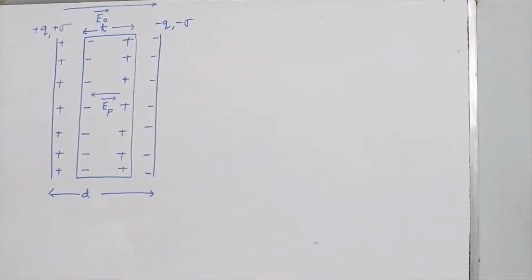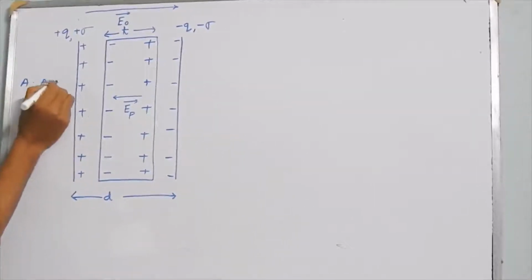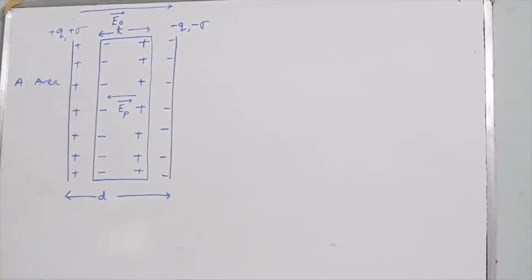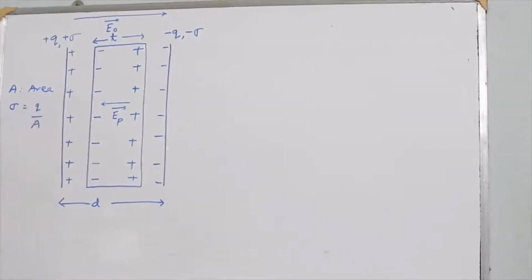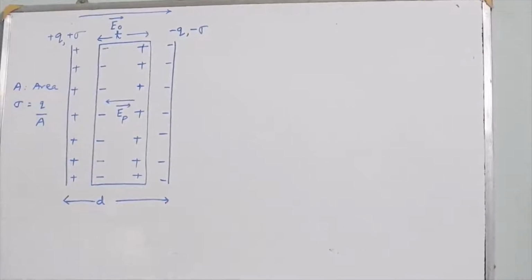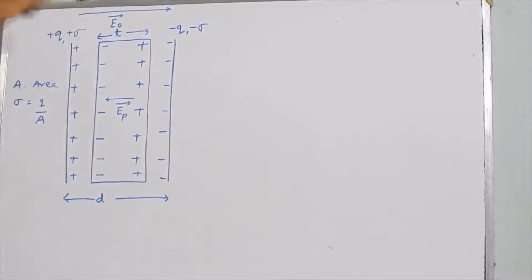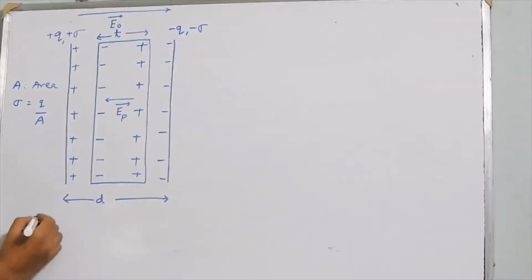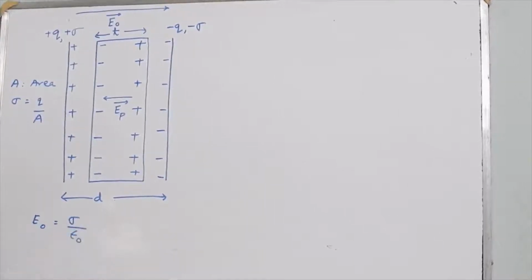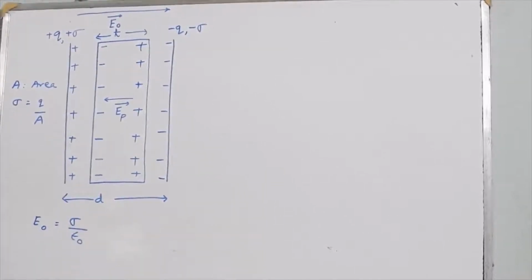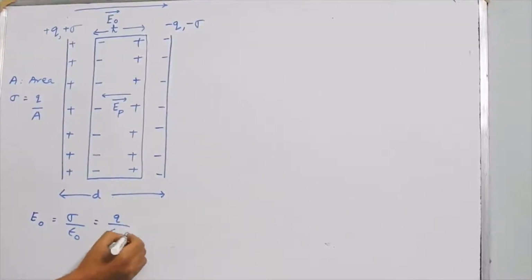The area of the cross section of the plates is suppose A. So obviously sigma is Q by A. In the absence of the dielectric, the electric field E0 is obviously sigma by epsilon 0, which is Q by epsilon 0 A.